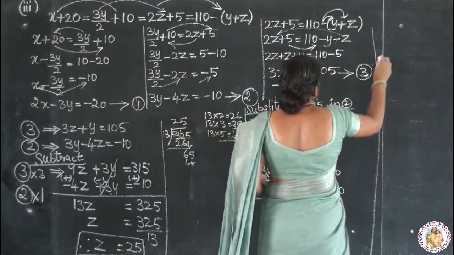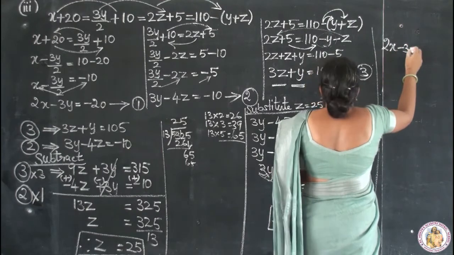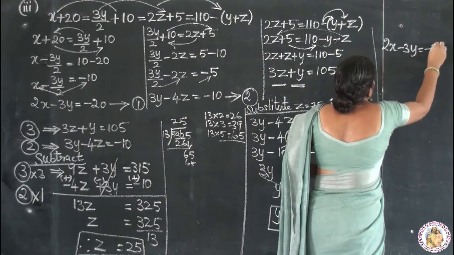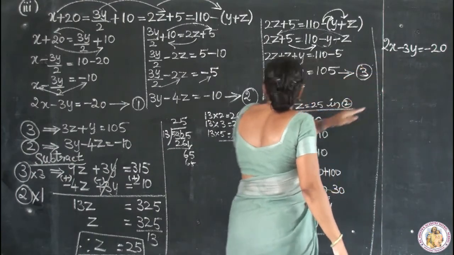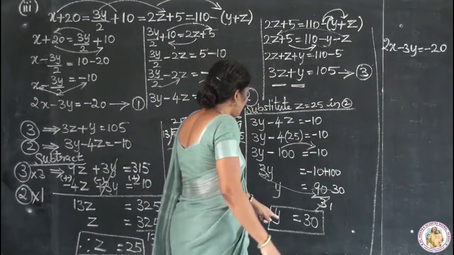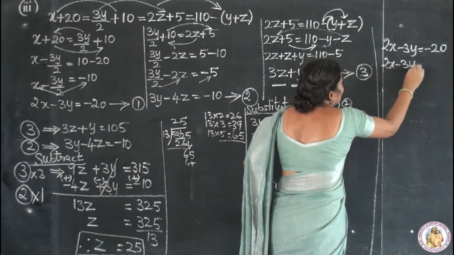First equation, 2x minus 3y is equal to minus 20. Okay, and y is equal to 30. 2x minus 3y.